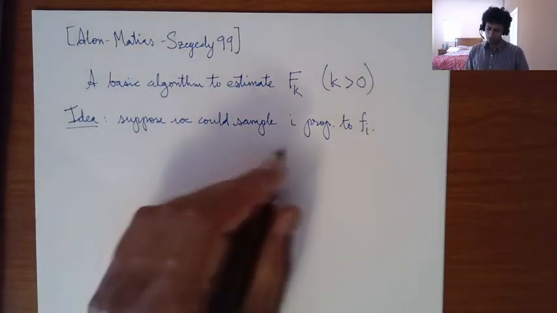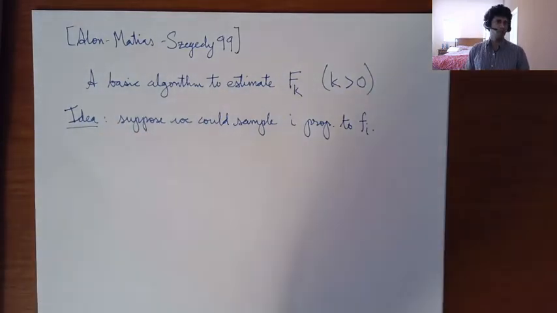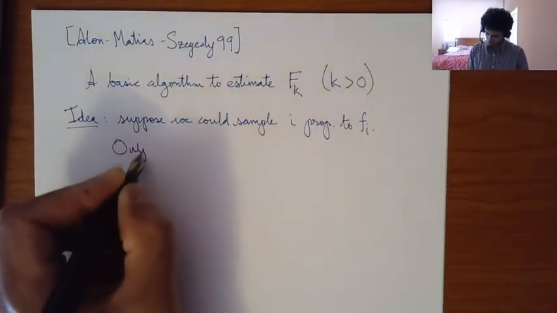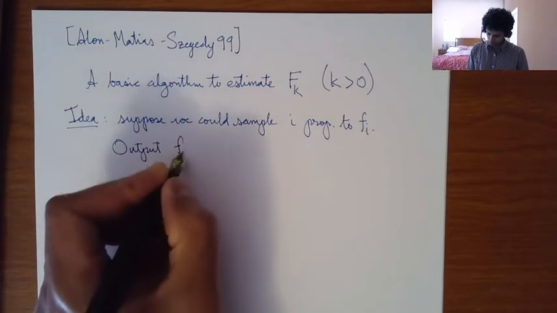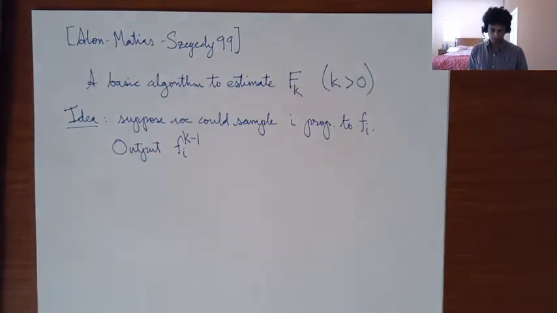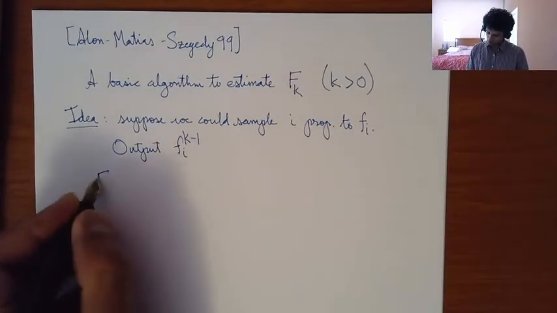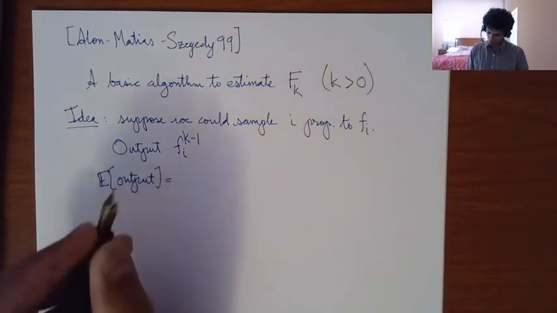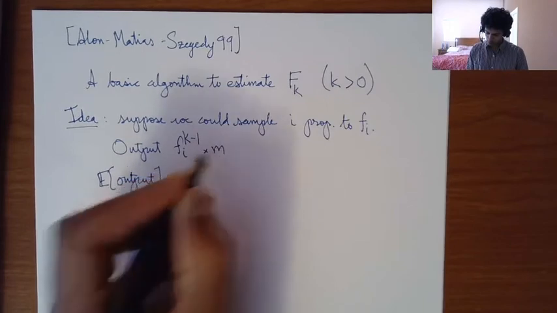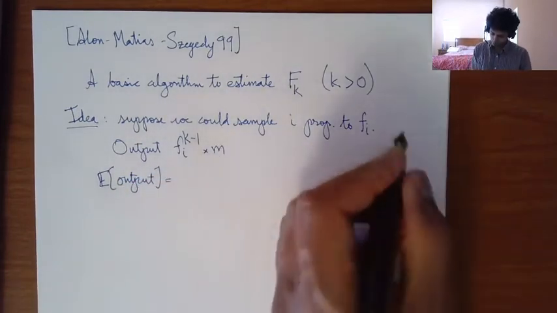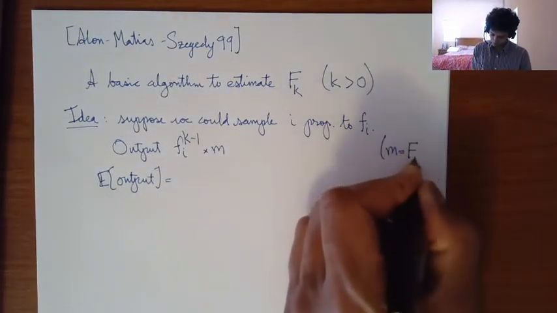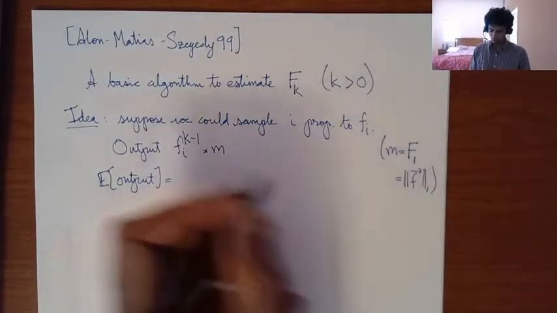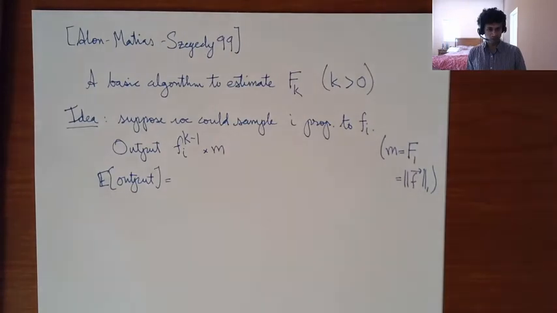Suppose we could just sample an i proportional to fi before the stream. And then we could simply output fi to the k minus 1. So the expected output times m. And I'm just going to use m for f1, which is the 1 norm, just to prevent carrying around the norms.